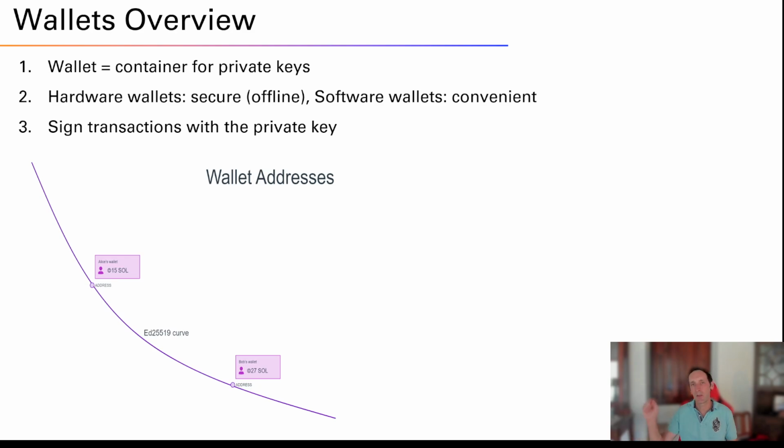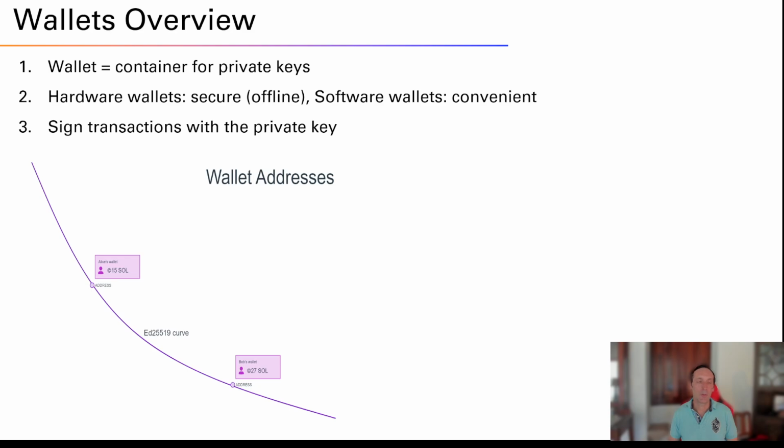Please approve this. You click approve or yes, and then effectively what happens, behind the scenes, is that your private key is being used to sign the transaction, which is then sent to the blockchain. And then the blockchain validates that the transaction has been signed by the sender of the request.